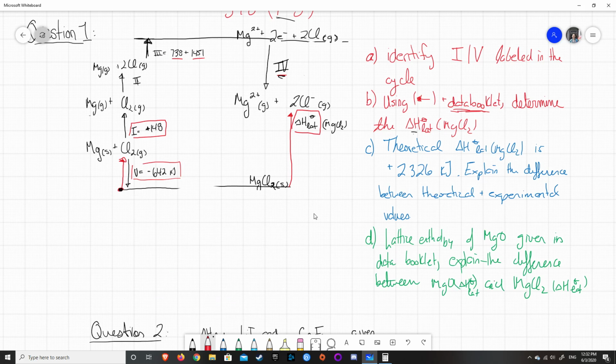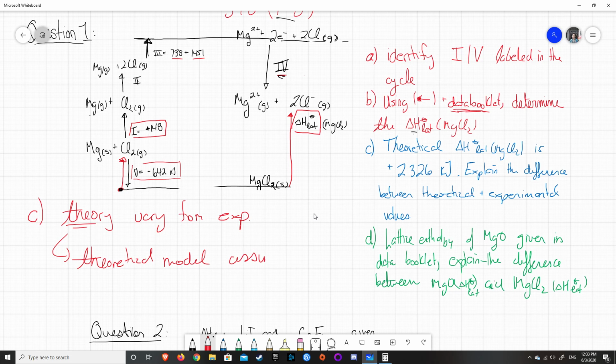It's a good question. Why does theory vary from experimental? The reason is that the theoretical model assumes no outside interaction.